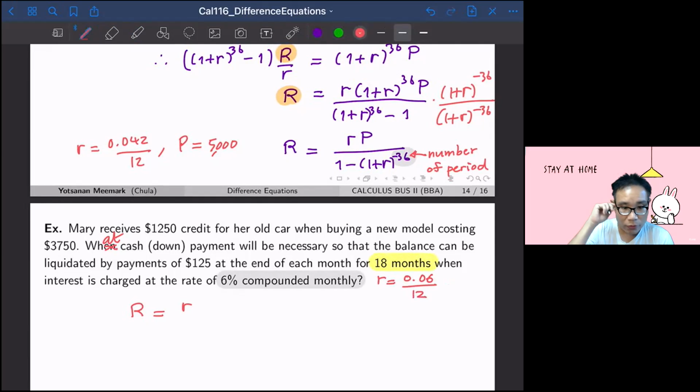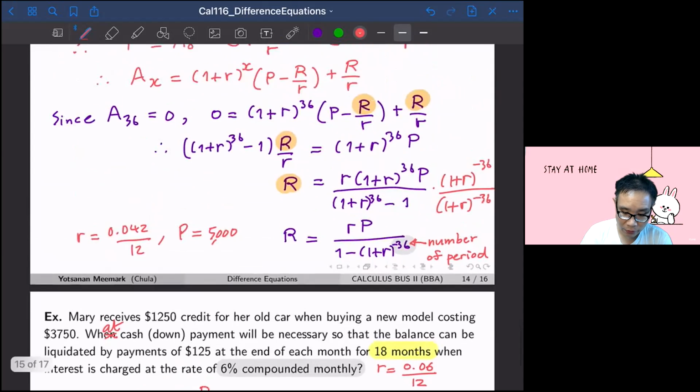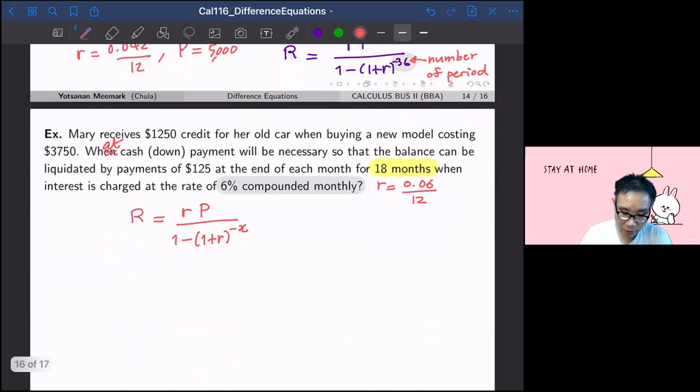For the monthly payment, let me write down the formula first. It's going to be P over 1 minus 1 plus R to the negative X. So you have X equal to 18 that you analyze.